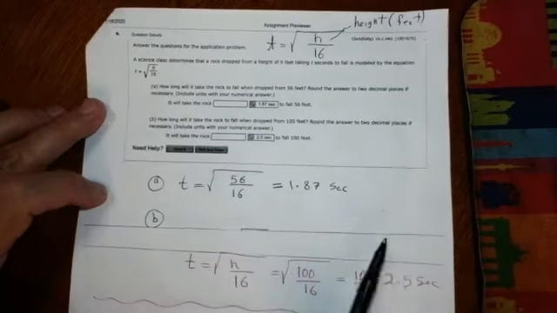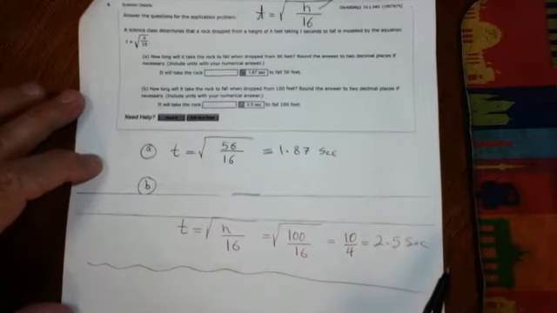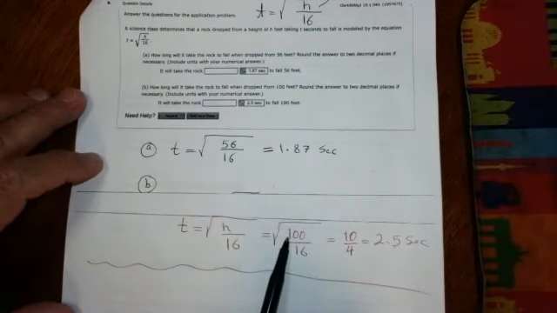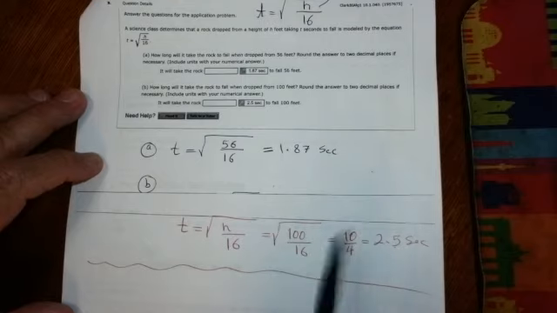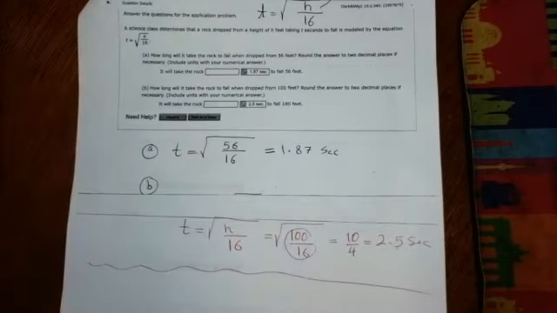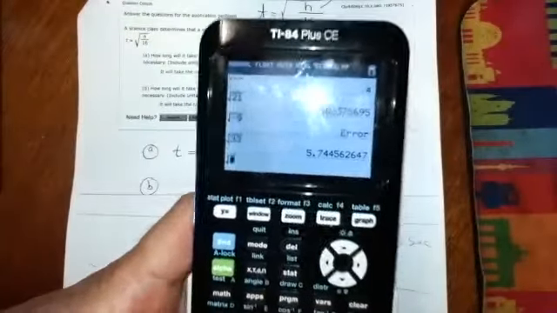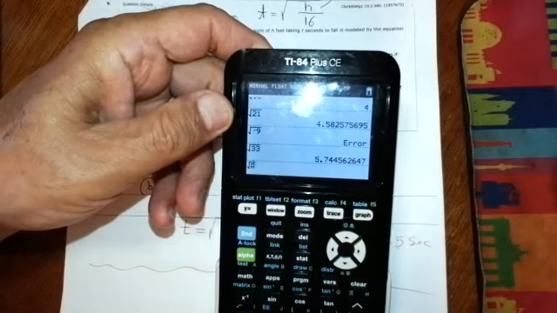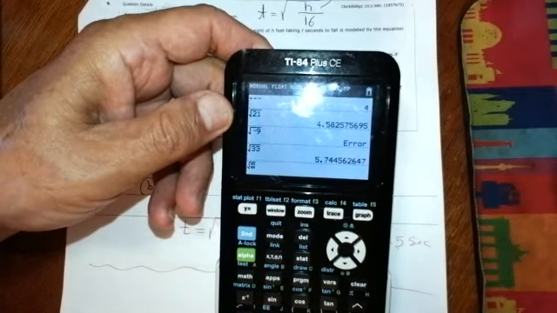Second part, B, is very similar. In the second part, they're saying h is 100. Okay, same thing. You put that here, you divide it first. So you could do it this way. You could do 100 over 16, right? So here you just say, all right, this is radical, right?